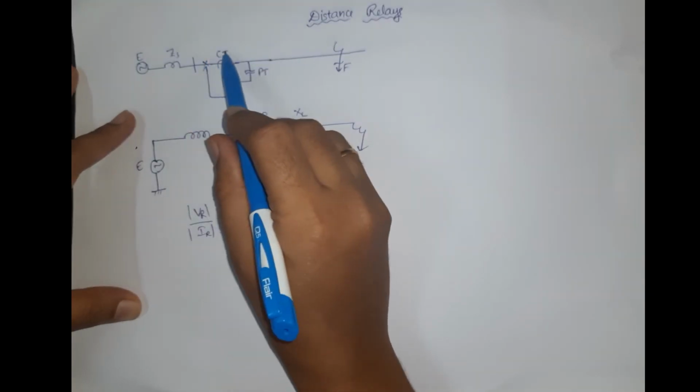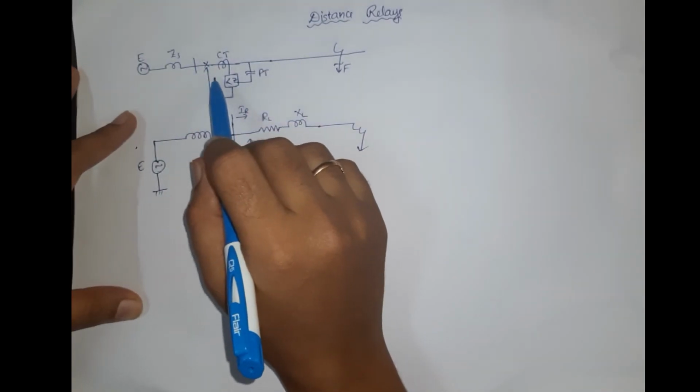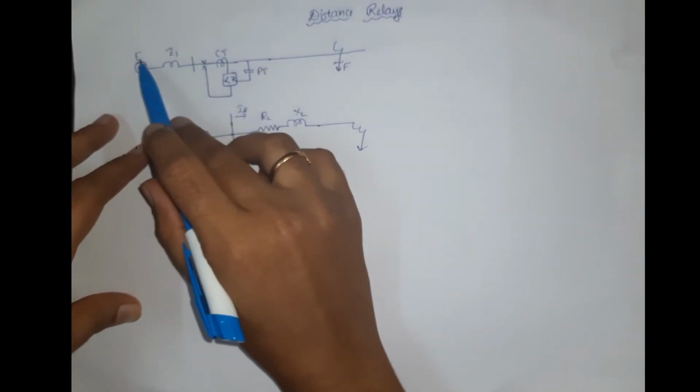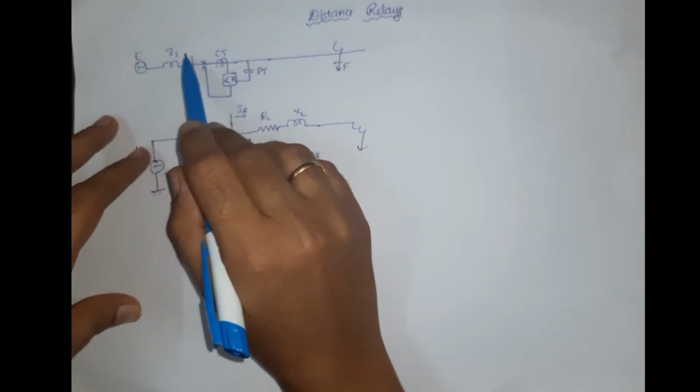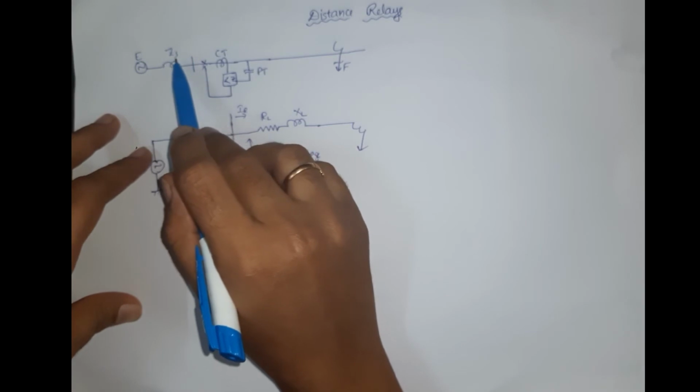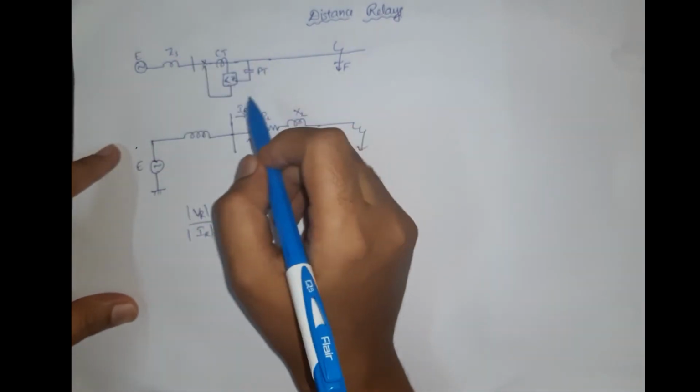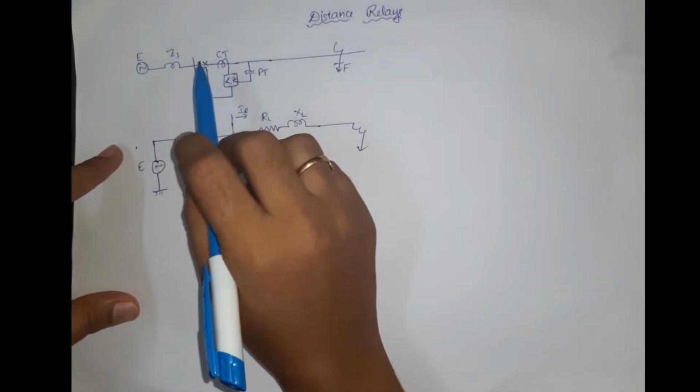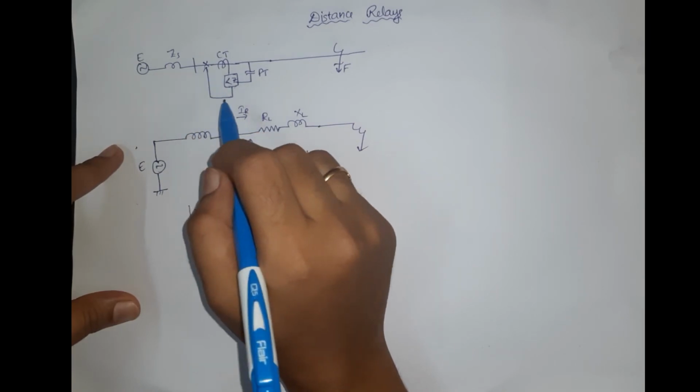If a relay operates like that, irrespective of the amount of generated EMF, irrespective of ZS, that is the source impedance, irrespective of the fault current, then we can overcome the limitation of the overcurrent relay.